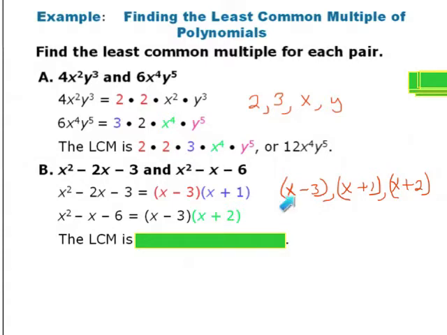Of the x minus 3's, I have 1 there, I have 1 there, so we'll just take 1. For the x plus 1's, I have 1 here, I have none down here, so we'll take 1. And for the x plus 2's, I don't have any up here, but I have 1 here, so we'll just take the 1. So my LCM is going to be one of these, and one of these, and one of these. So here's my LCM.